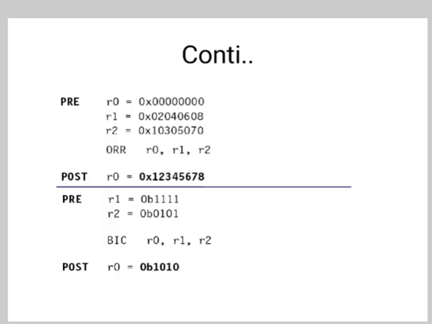So it is 8, 7, 6, 5, 4, 3, 2, 1. Okay. So next is BIC. BIC means what? Bit clear. So R0 is equal to R1 AND NOT R2. So what happened here? R2 is here 0, 1 becomes 0, 0 becomes 1.